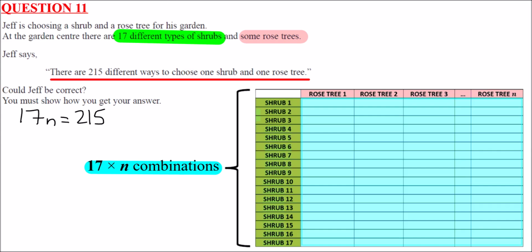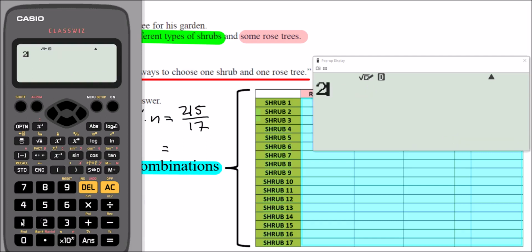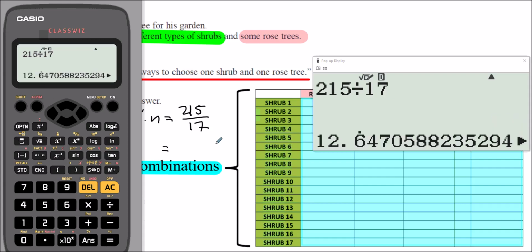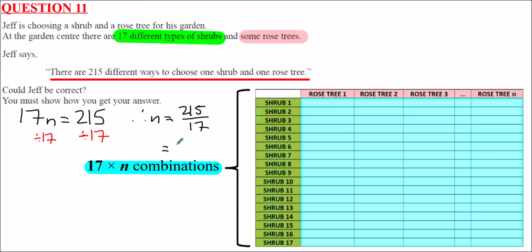We can therefore divide both sides by 17 to work out the required value of n. So therefore n needs to be 215 divided by 17. Let's see what this is. So 215 divided by 17. This gives us a value of approximately, look, it's recurring, 12.6.